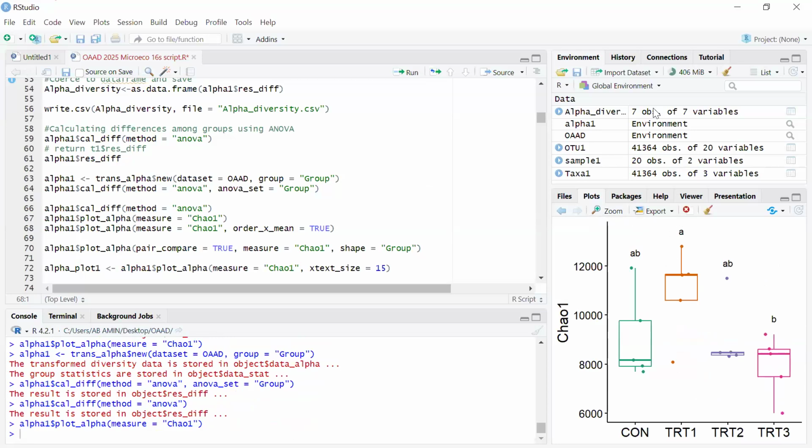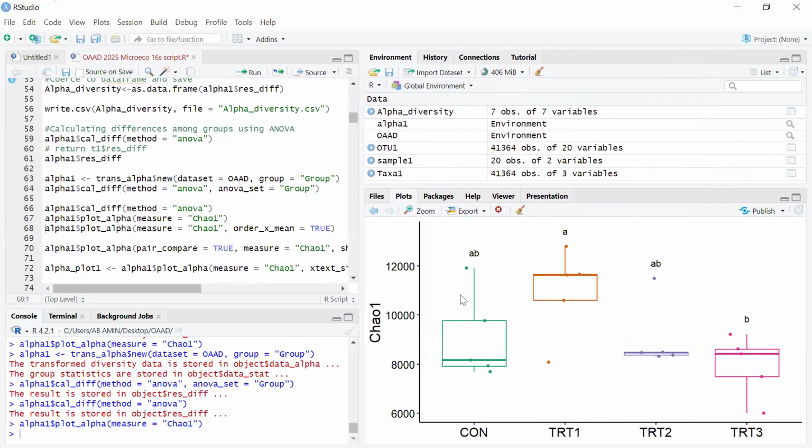I'm trying to zoom, but so let's look at this plot here. As we can see, based on the CHA1, there is difference between this treatment 1 and treatment 3.